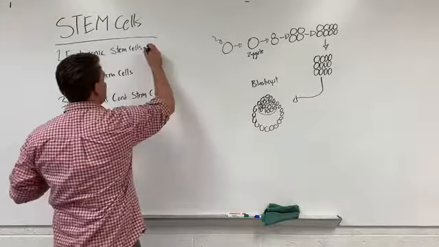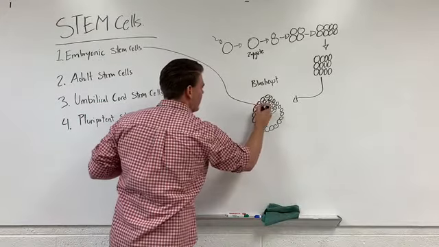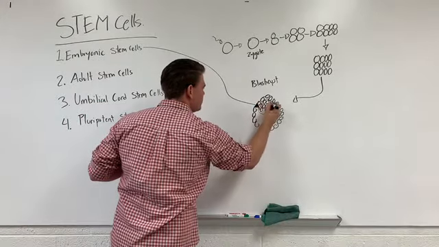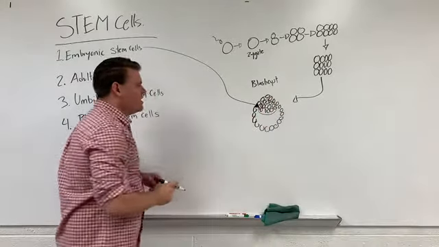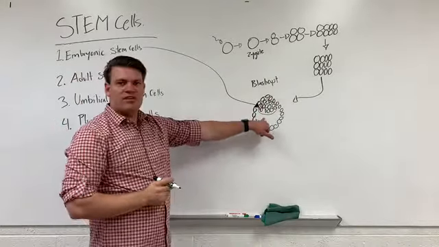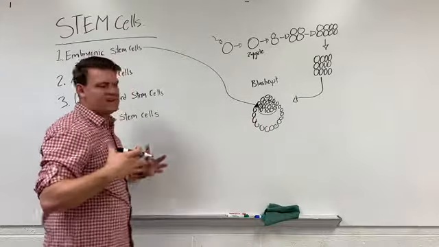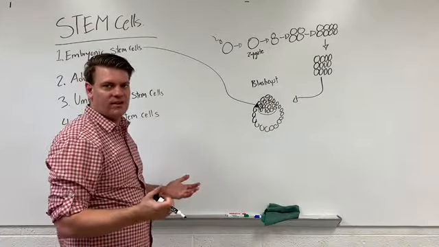In fact, we call these embryonic stem cells. So these ones in the middle, this top part here, so this part's actually empty. These embryonic stem cells still can turn into any type of cell that we would want them to turn into.